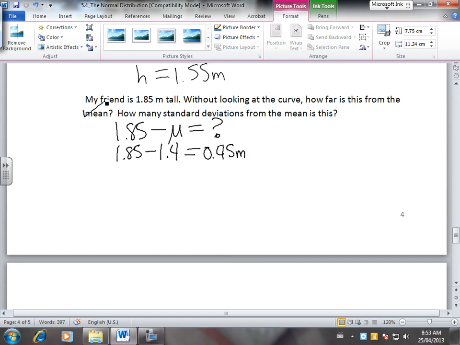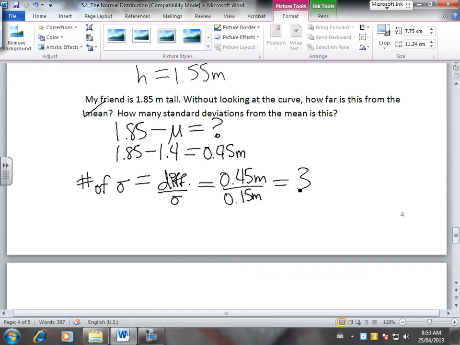How many standard deviations from the mean is it? The number of standard deviations will be the difference over sigma, and we were working with this a little bit last class. So 0.45 meters divided by 0.15 meters equals 3. My friend is 3 sigma above the mean, so it would be mu plus 3 sigma.